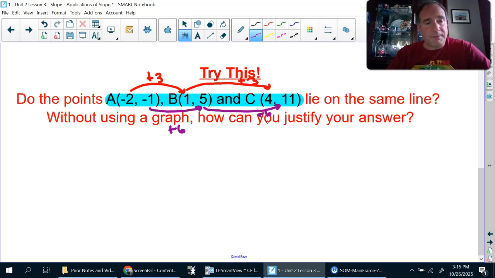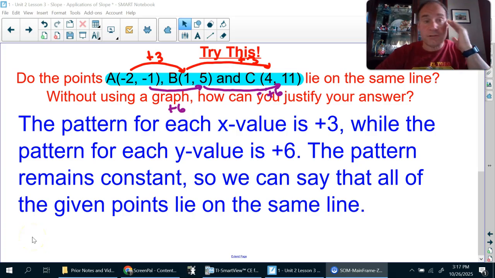All right. So if the pattern is the same, it's a straight line. Without using a graph, you could tell about patterns. And if that pattern is different, that means it's not on a line. In other words, if this was, say, (4, 13), then it would not be, because the pattern would not be +6. And here's the official answer.